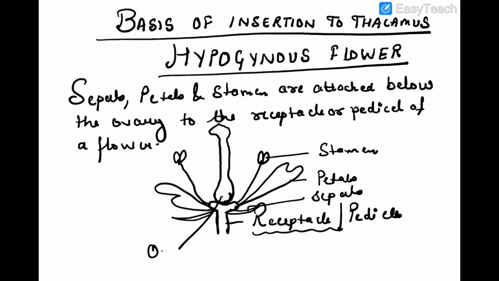This is the ovary. But as you can see, the sepals, petals, and stamens are attached here, on the receptacle, which is below the insertion of the ovary.